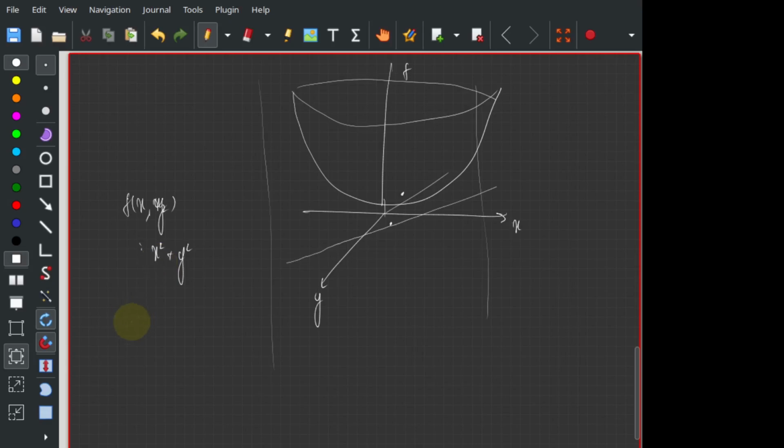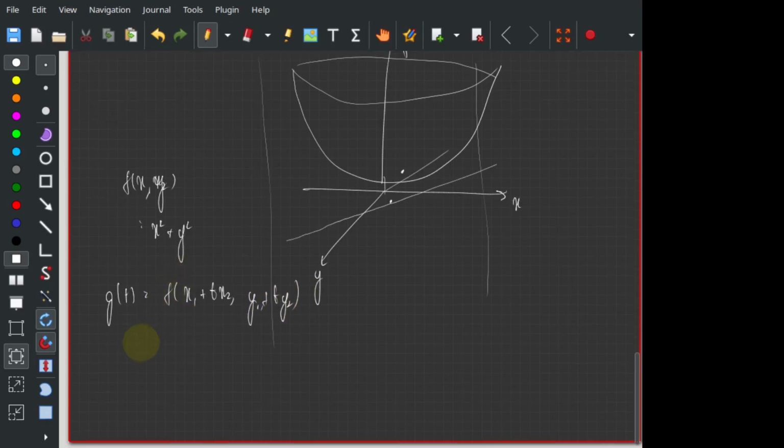So in fact, I can take any slice. Let's say I look at g of t equal to f of x1 plus tx2 comma y1 plus ty2. What does this function look like?